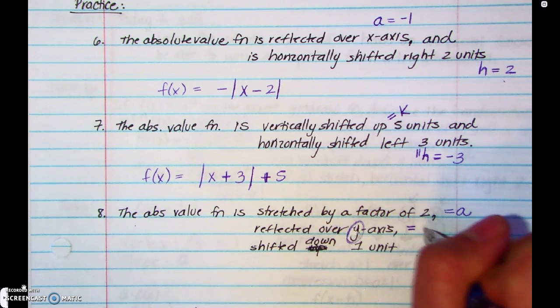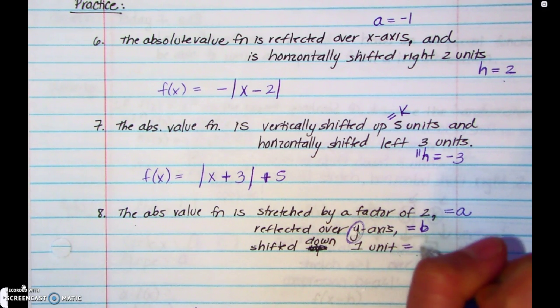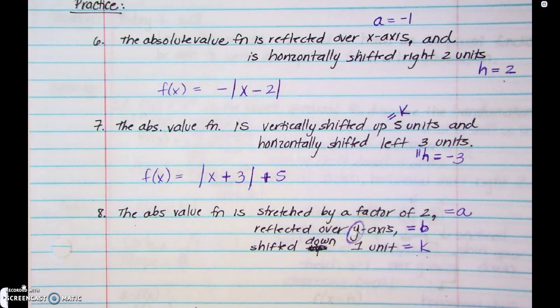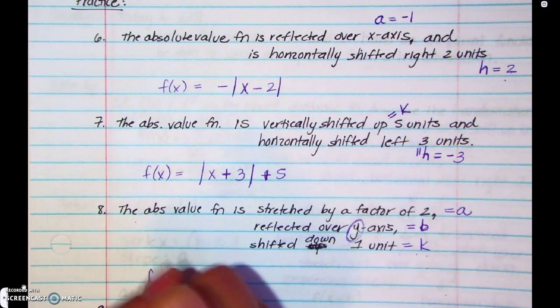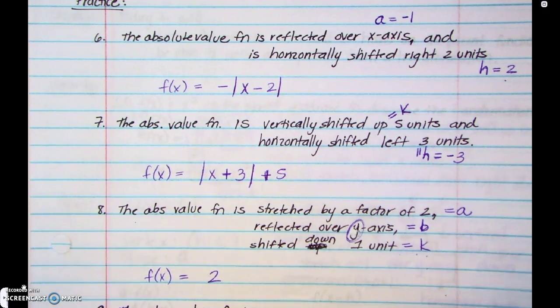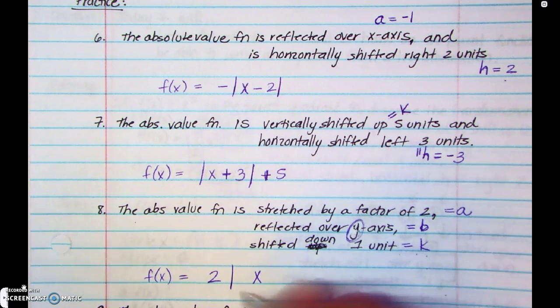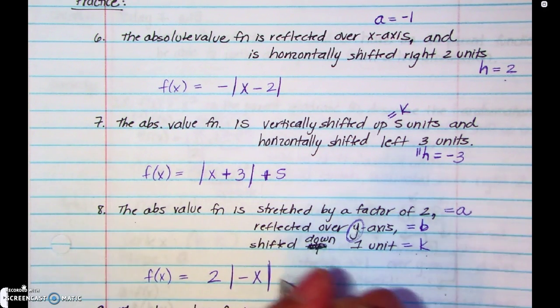If it's reflecting over the y-axis, we know that this has to do with B. And then shifted down 1 unit. So that's K. Okay, so your function would be stretched by a factor of 2, so 2 on the outside of the absolute value function. In this case, since it's reflecting over the y-axis, that means that B has to be negative, and it's shifted down 1 unit.